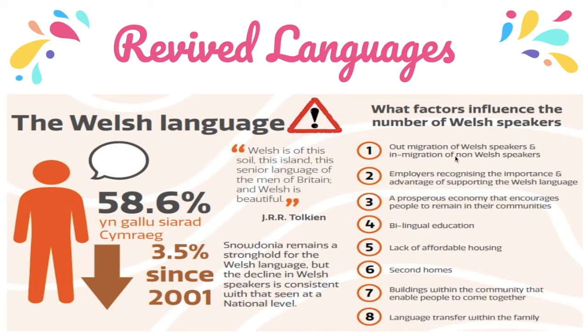If there's a large number of people moving out of a country or into a country, that could certainly impact the number of speakers of a language, right? Bilingual education. Are we actually teaching children these languages?